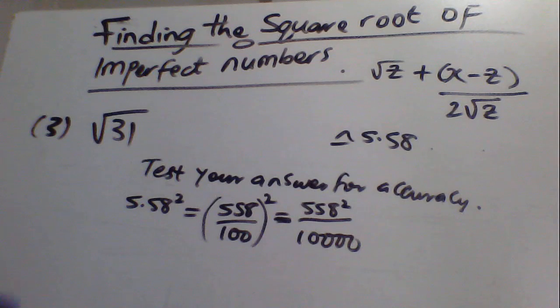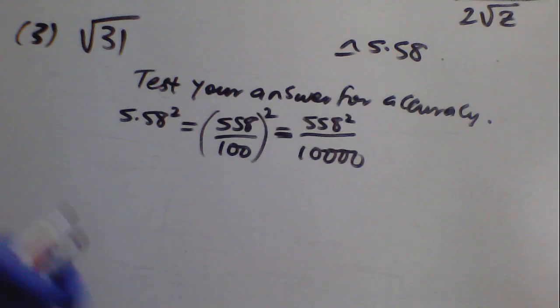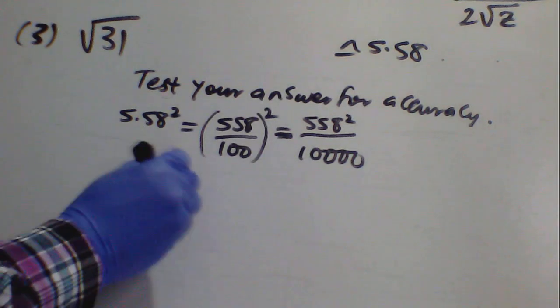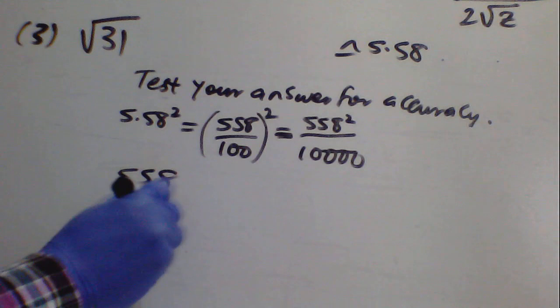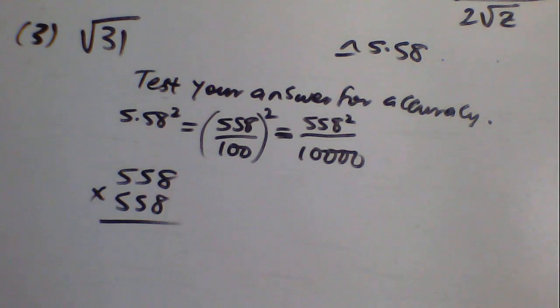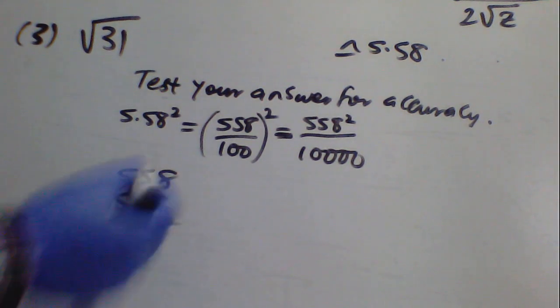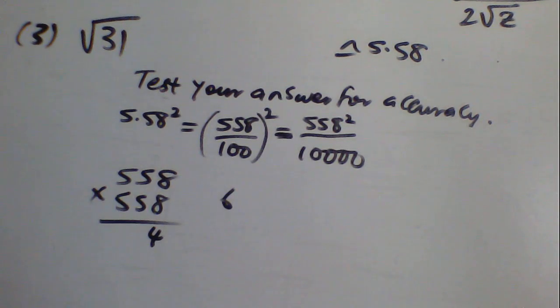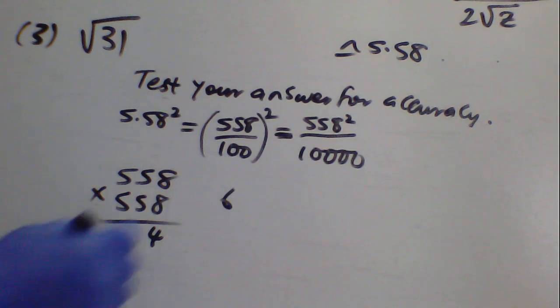Because you are not using a calculator, you have to find the square of this answer, which is 558. Multiply. So 8 times 8 will give us 64. You write 4, carry 6. 8 times 5 will give us what? 40 plus 6, 46.